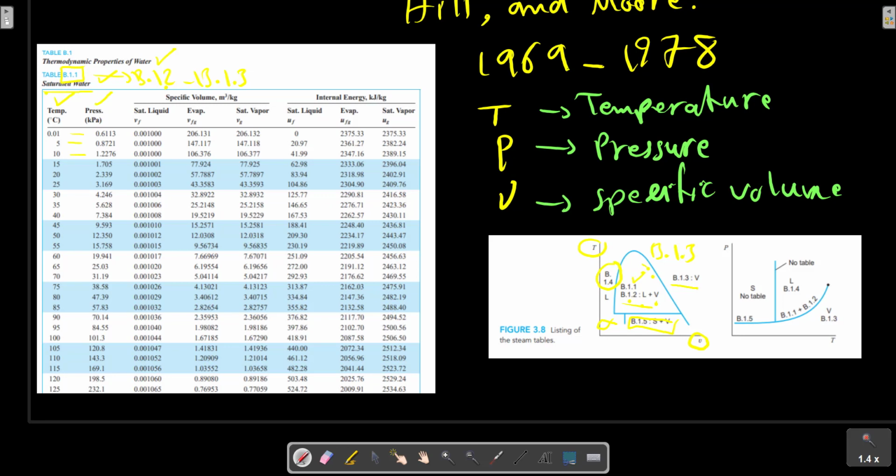The next three columns give the specific volume in cubic meters per kilogram for the saturated liquid, evaporation, and the saturated vapor.